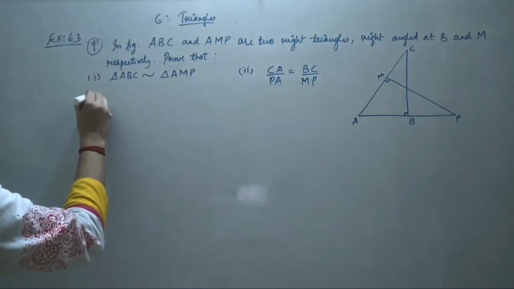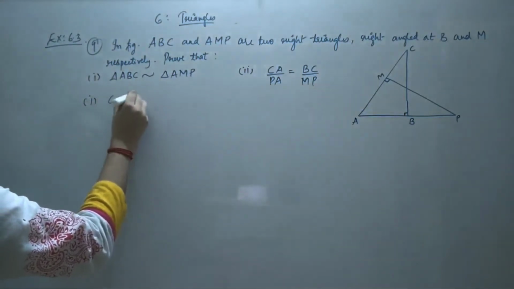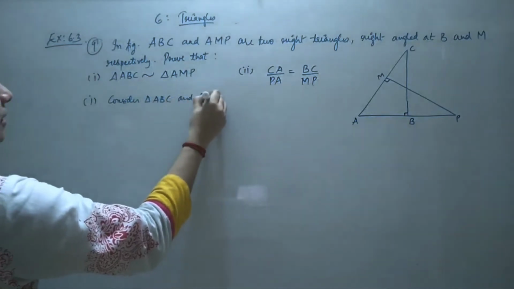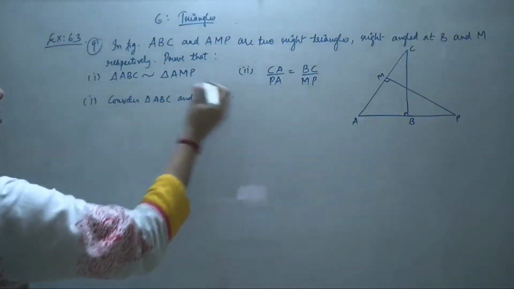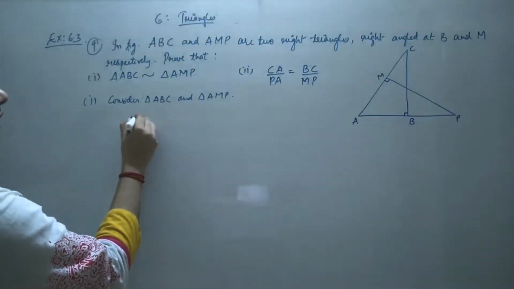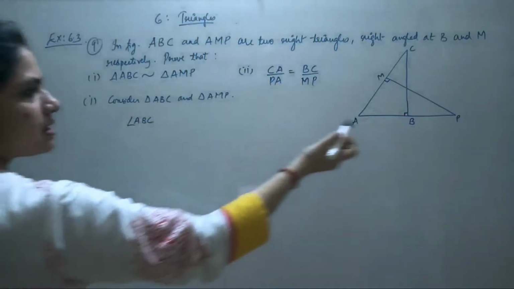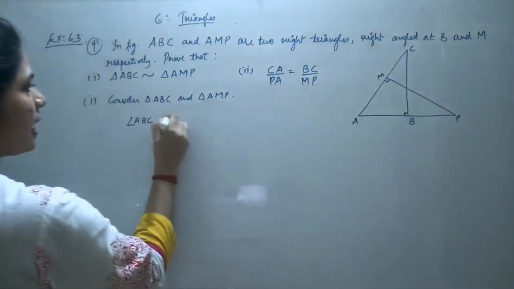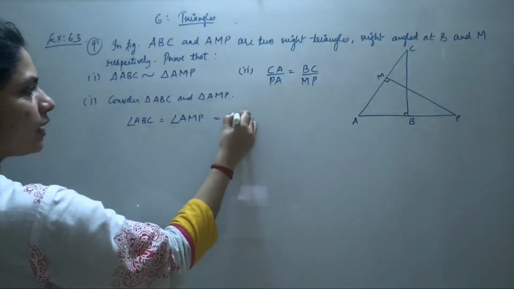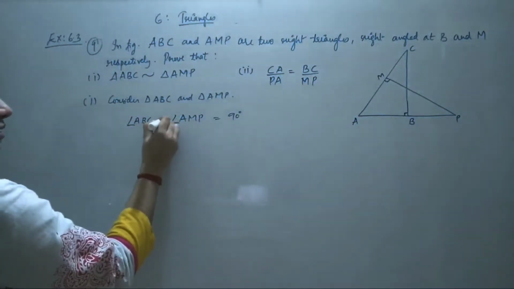So for the first one you are considering triangle ABC and AMP. Now what can you say about the triangles? Angle ABC, right angled at B, and angle AMP, right angled at M, both are 90 degrees. So one thing you got.